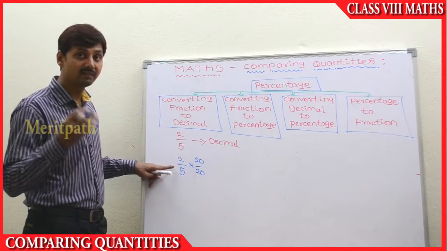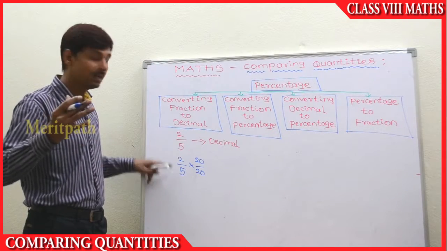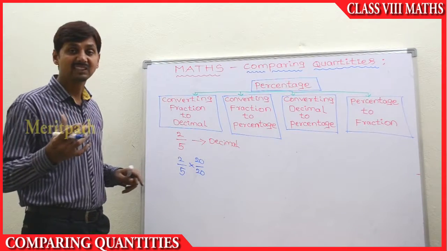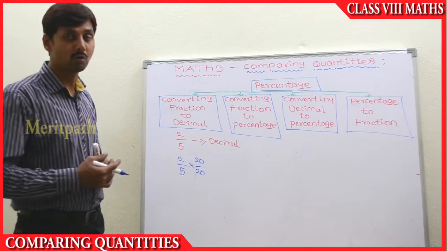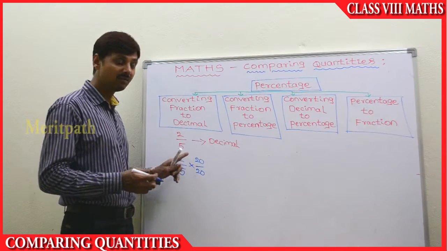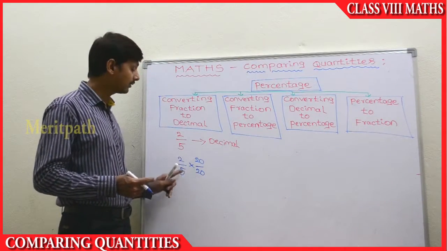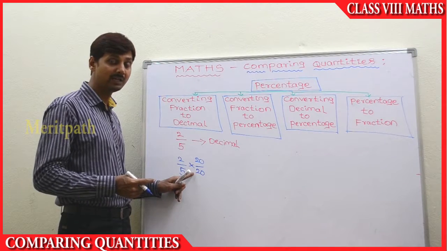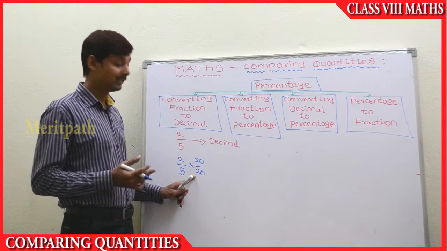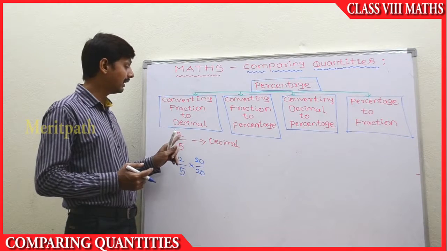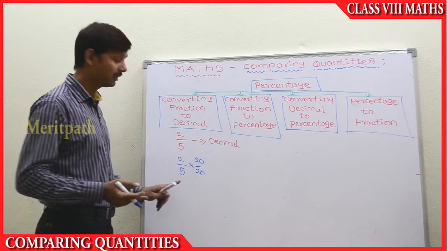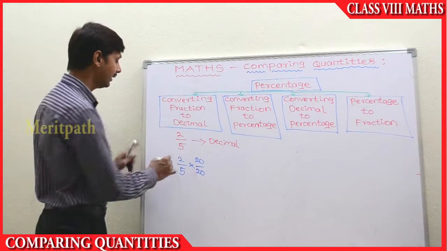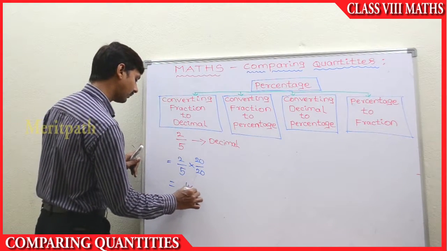If the denominator is 100 or 10 or 1000, then the fraction can be written in simple form. So 5 into 20 becomes 100, and then this fraction can be written easily as a decimal. So this is 40 by 100.